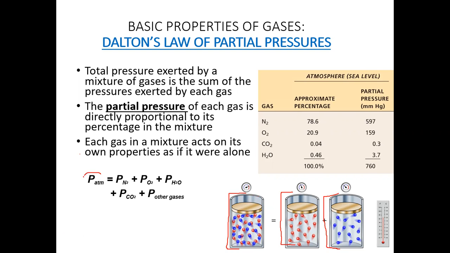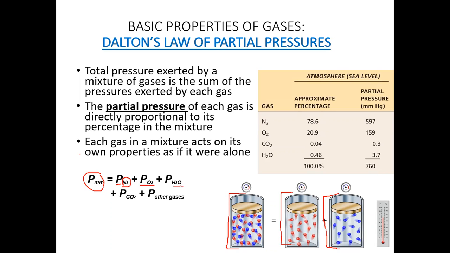So again, the atmospheric pressure is the sum of what we call the partial pressure of oxygen, the partial pressure of nitrogen, and so on for the other gases.